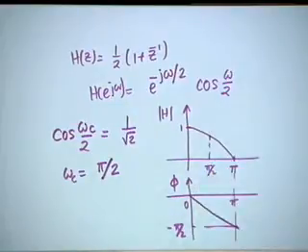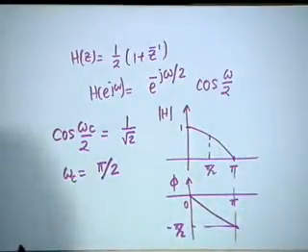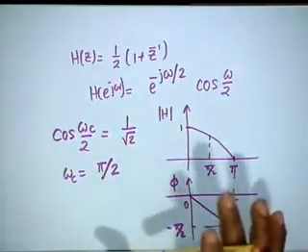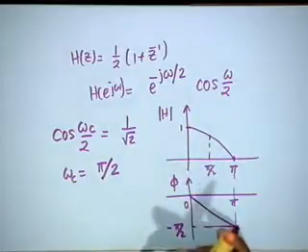It is a very lousy, very bad low pass filter, large bandwidth and large stop band and so on. Okay. It is not a very good one, but it is the most elementary FIR low pass filter.